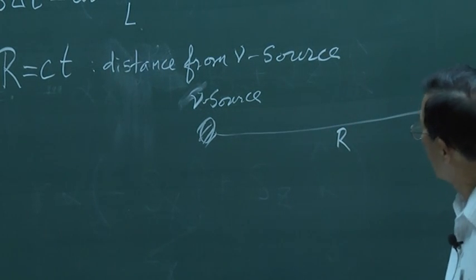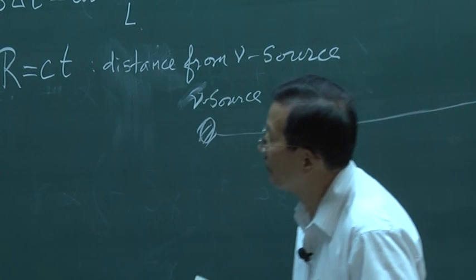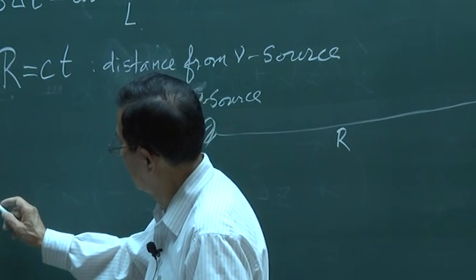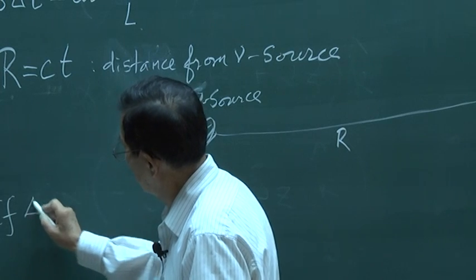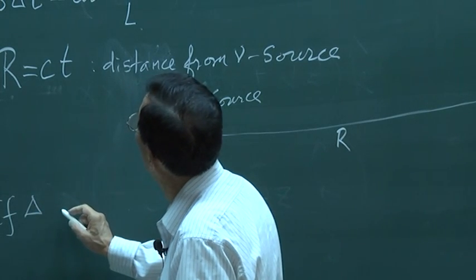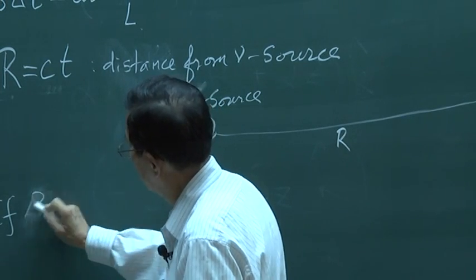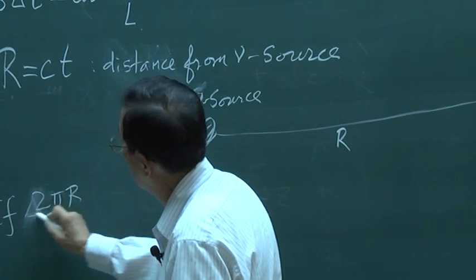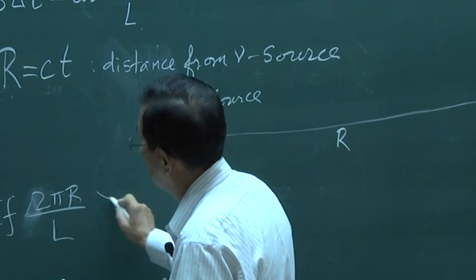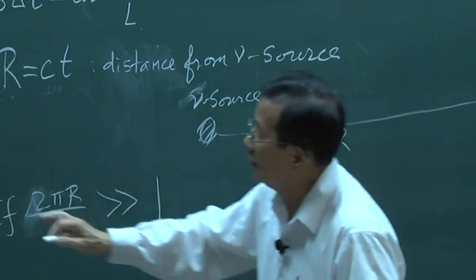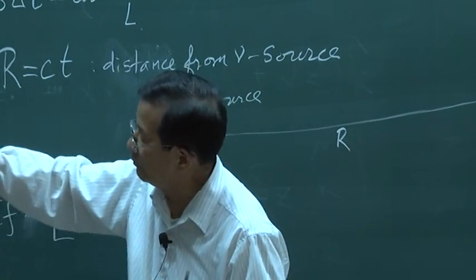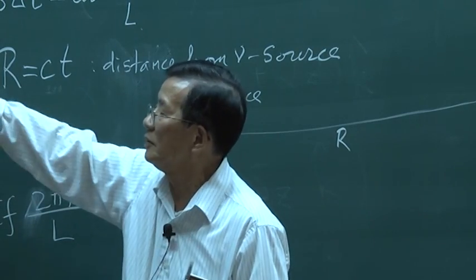Okay, and if delta, that is 2 pi R over L, is much bigger than 1, very far away, then this oscillates very rapidly, and so essentially averages to 0.